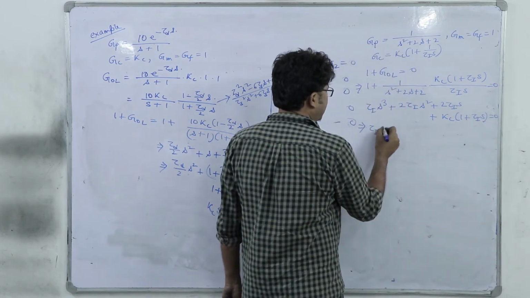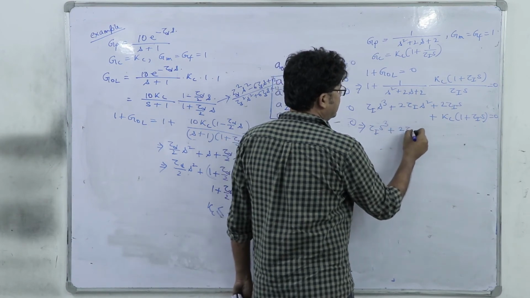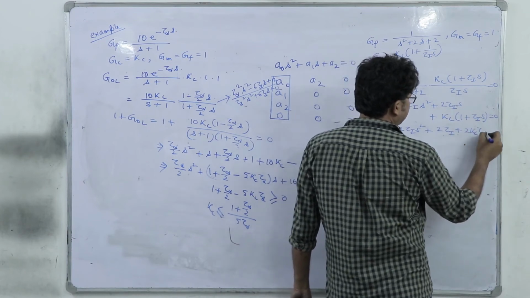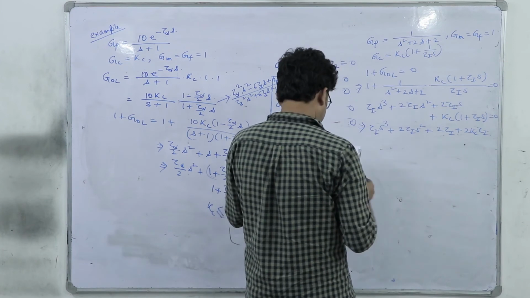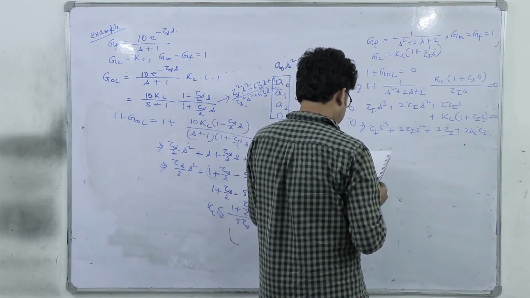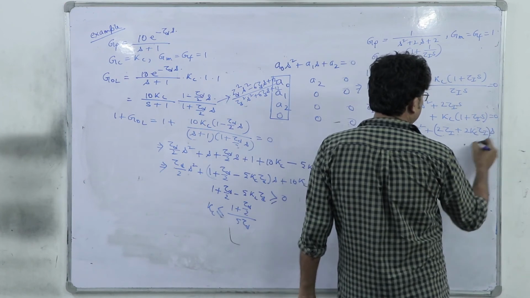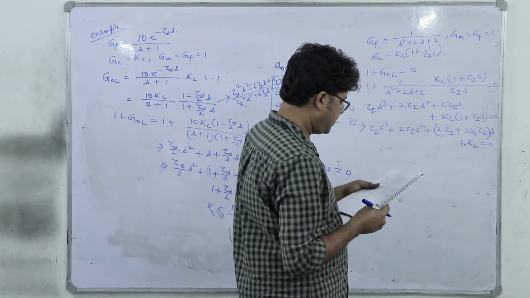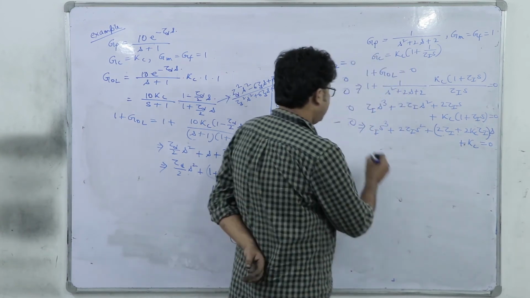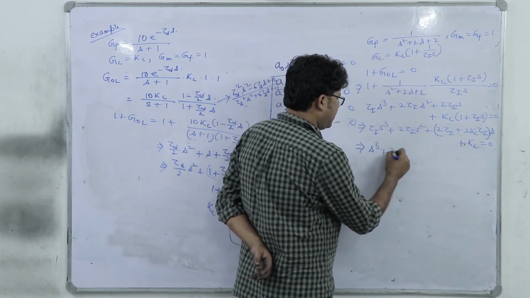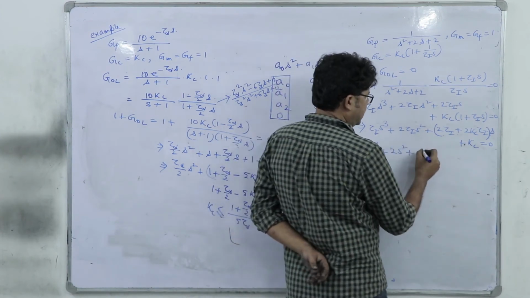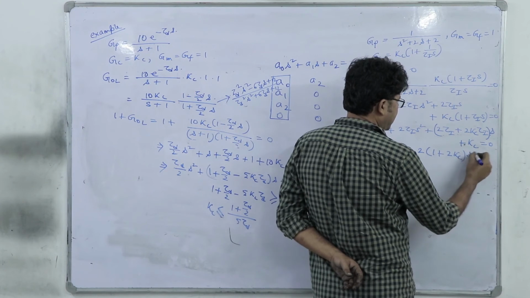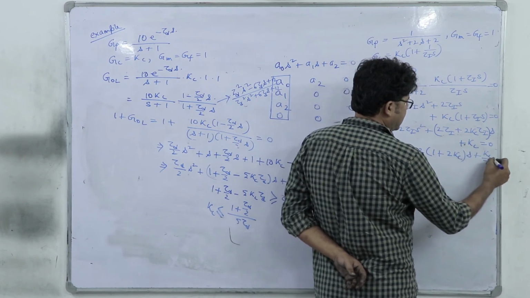So we get tau I s cube plus 2 tau I s square plus 2 tau I plus Kc tau I whole s plus Kc equal to 0. Right? So if you simplify, it will be s cube plus 2s square plus 2 plus Kc s plus Kc by tau I equal to 0.